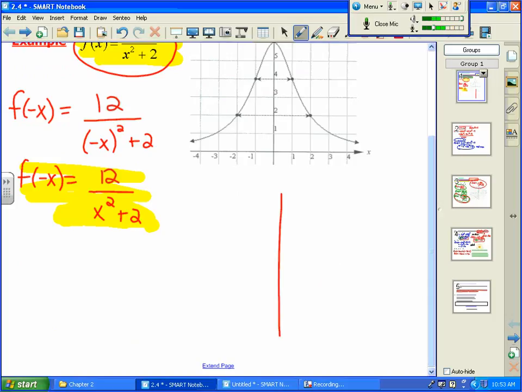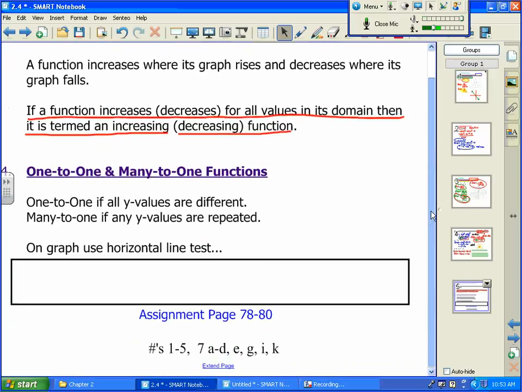If I gave you a function that looks like this, here's my Cartesian plane, so we've got a line. You could say that this is a constantly decreasing function because it's not going to change its level of decreasing. It's a straight line, so it will always decrease. Hopefully nothing new there.